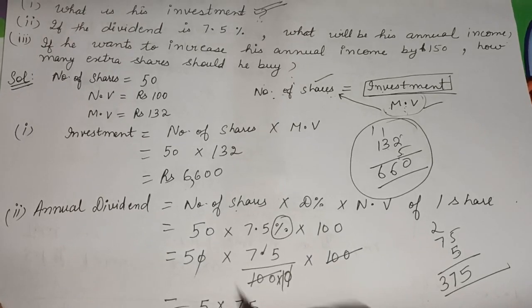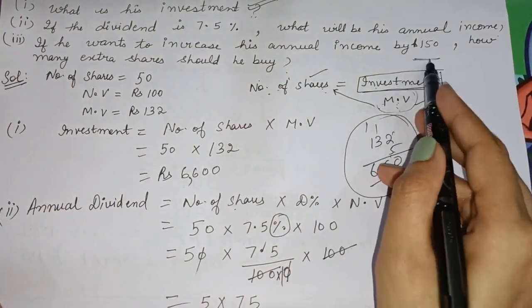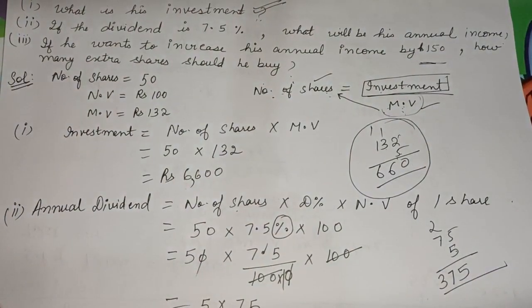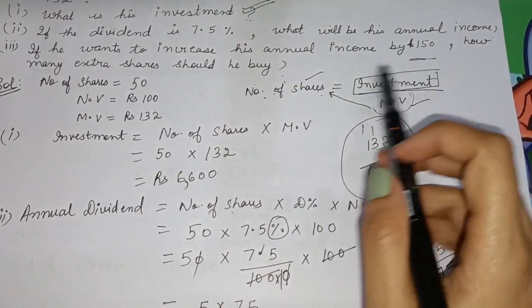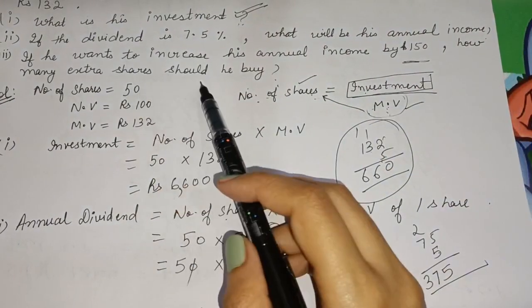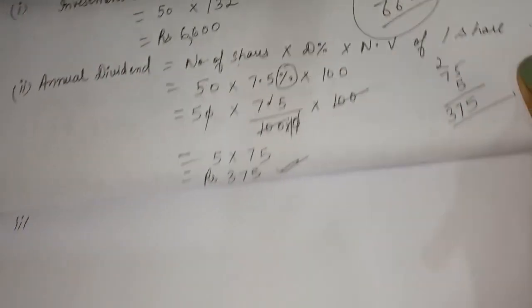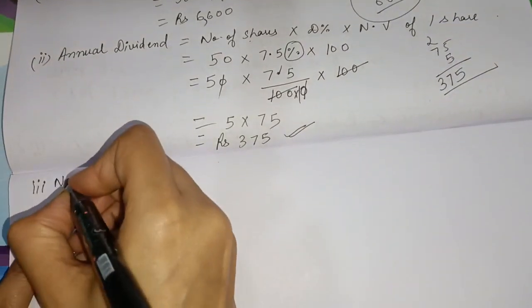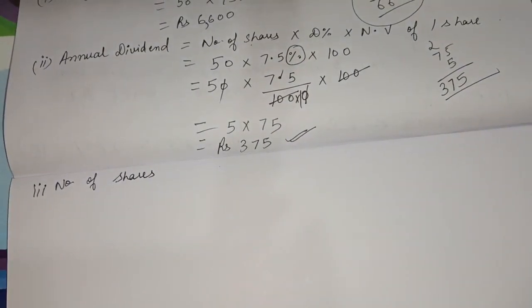So third part of the question says, if he wants to increase his annual income by rupees 150, how much extra shares should he buy? So basically what we have to find here is the number of shares.